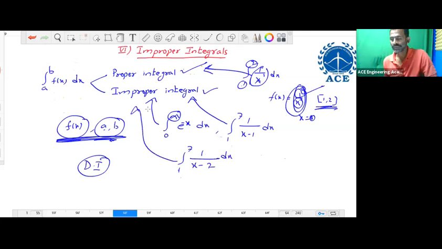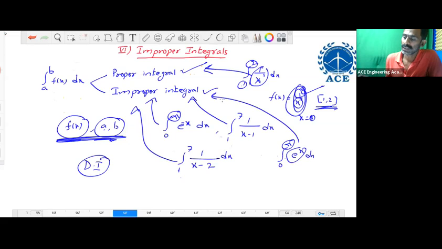In the first example, the limit is infinity. In these two, limits are finite, but function is infinite. Sometimes both may be infinite also. Here the function is infinite at the upper limit in the interval, the infinity limit, then it is also improper integral like this. So this is about proper and improper.